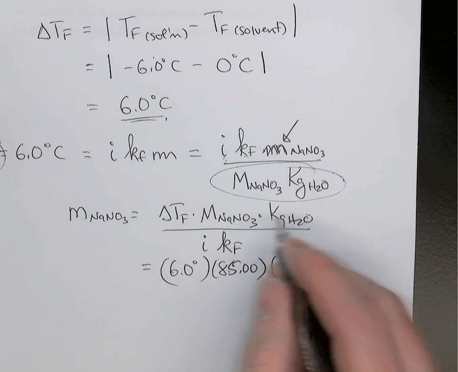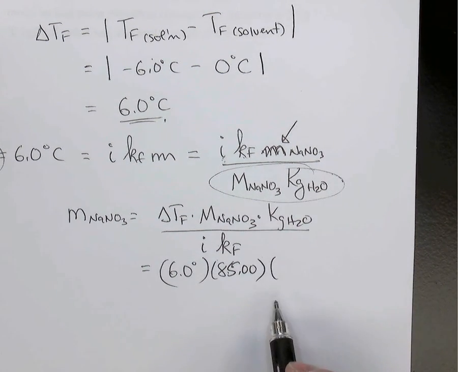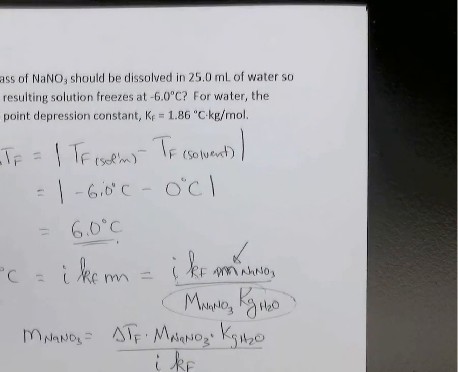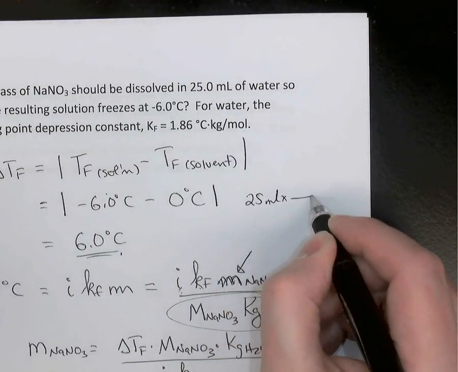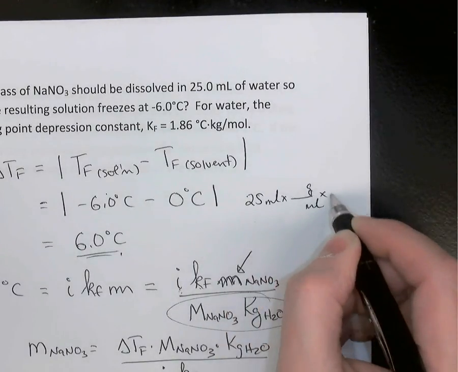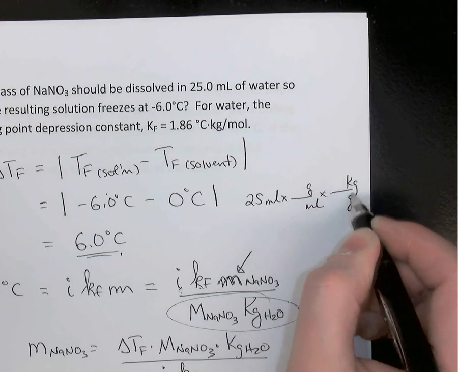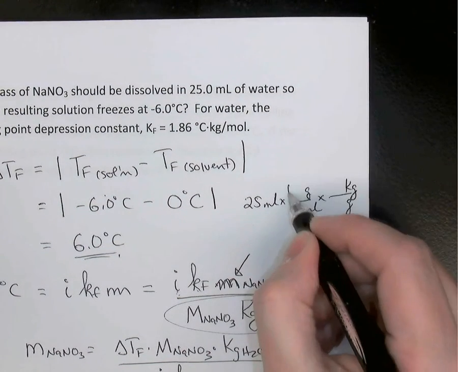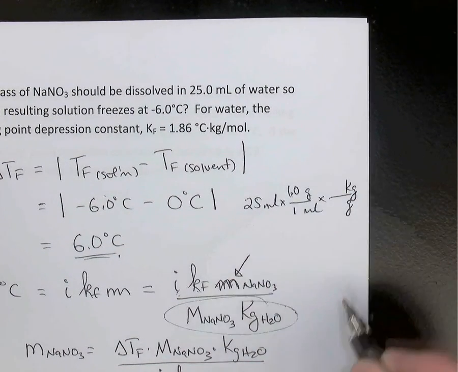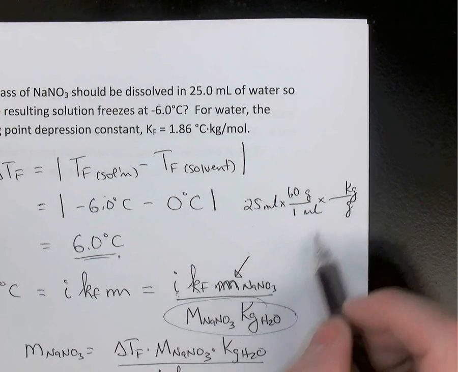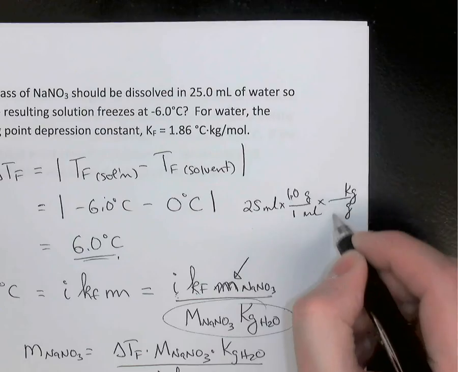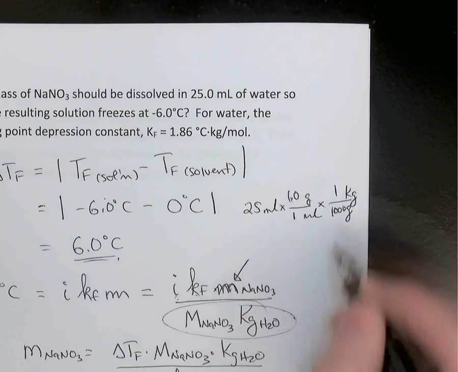The kilograms of water, we had 25 milliliters of water, so let's go back and evaluate that. 25 milliliters will convert milliliters to grams, and grams to kilograms. There's 1 gram per milliliter, that's the density of water, which wasn't stated but which is assumed that you know the density of water. There's 1,000 grams per kilogram.